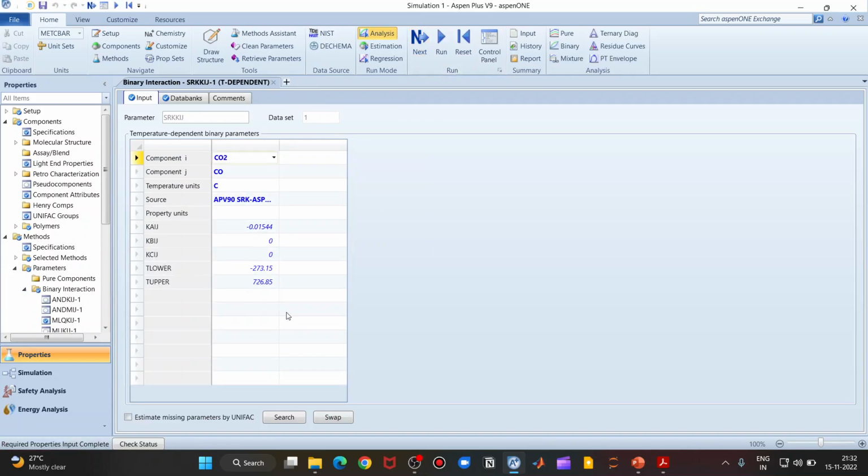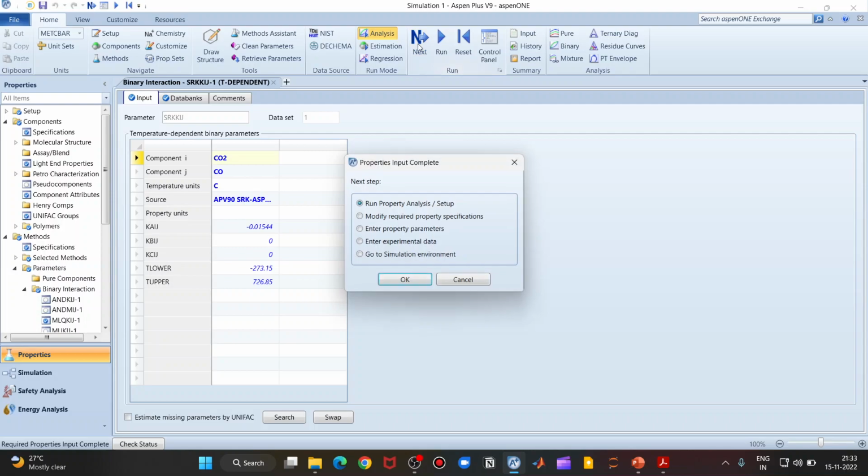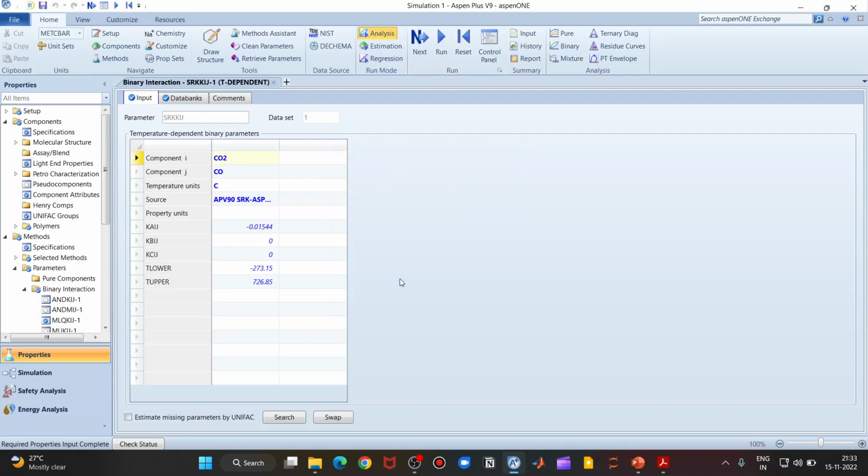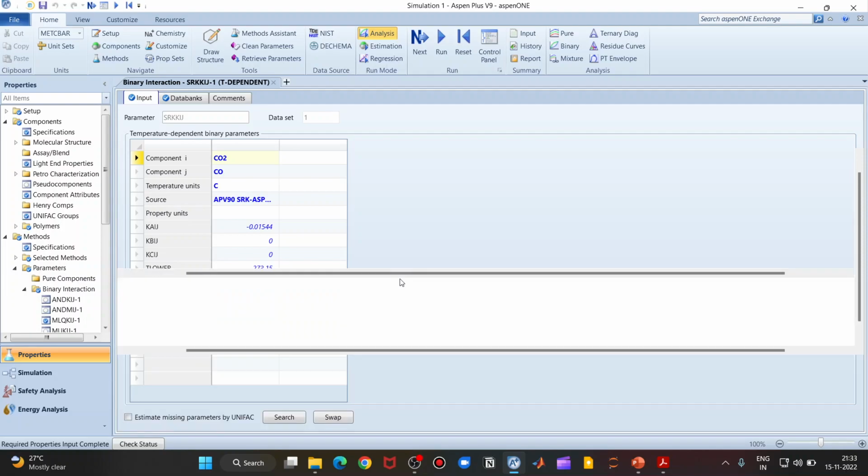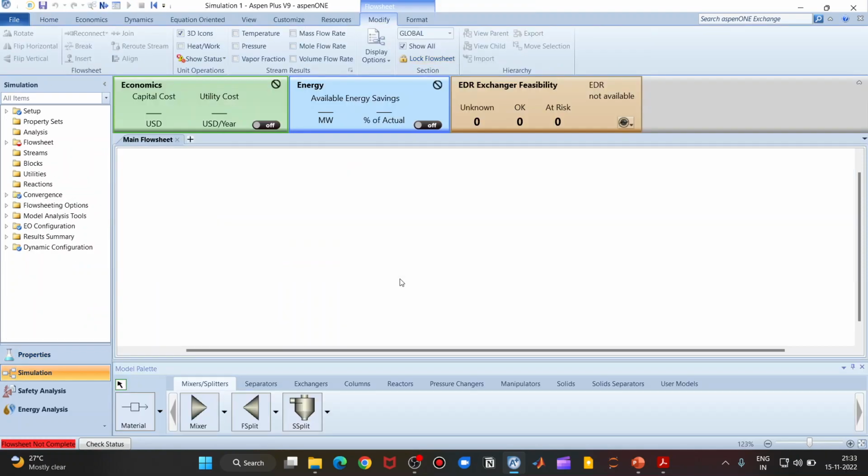Here you will be getting the binary interaction parameters which are estimated using the UNIFAC model, and by default ASPEN has calculated the values for us, so we do not change anything over here. So let's click on next and proceed forward, and let's go to the simulation environment. Okay, so we'll be working on the reactor.